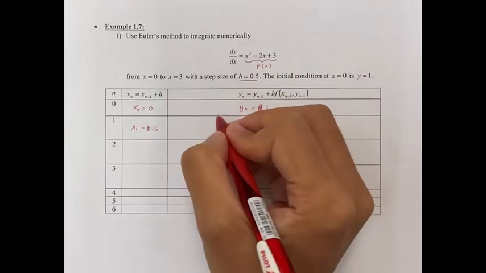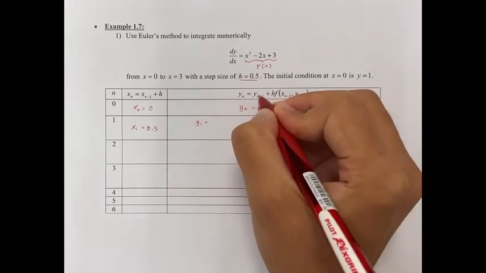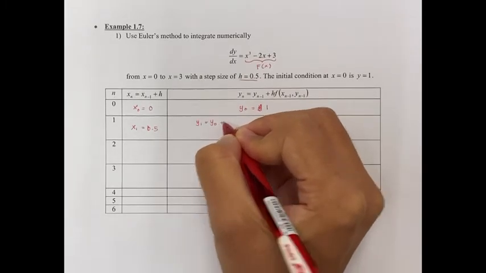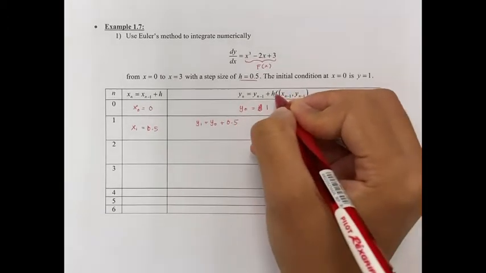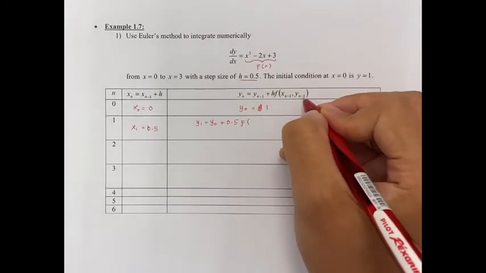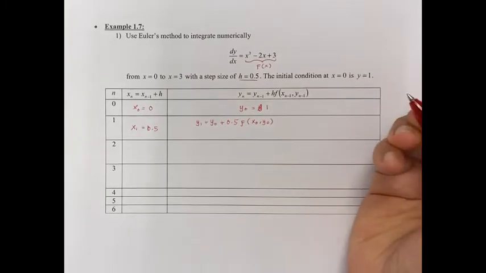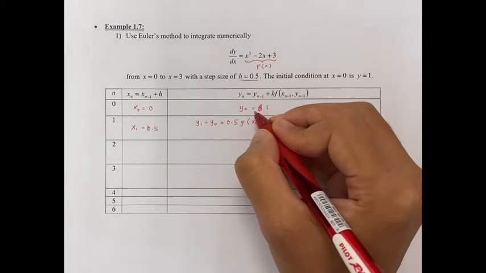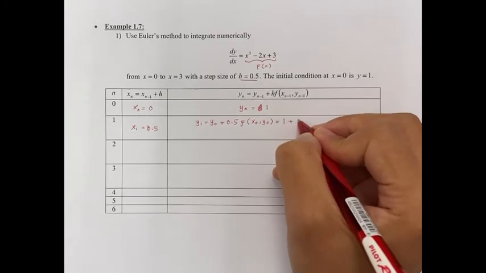And then for y1, your n is equal to 1, so y1 is y0 plus h, your step size, which is 0.5, and then you have the function f(x n minus 1, y n minus 1). So this is f(x0, y0), and x0 and y0 are 0 and 1. So this is 1 plus 0.5 f(0, 1).